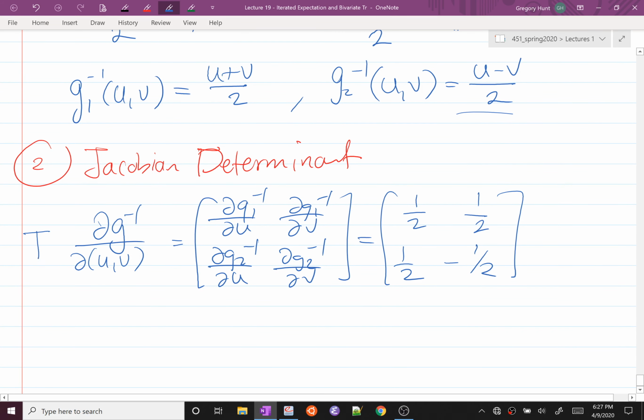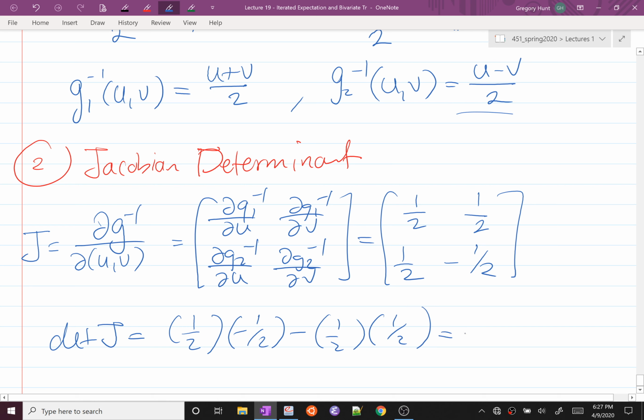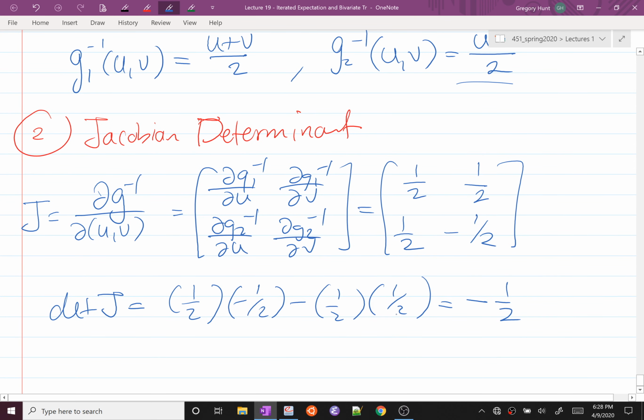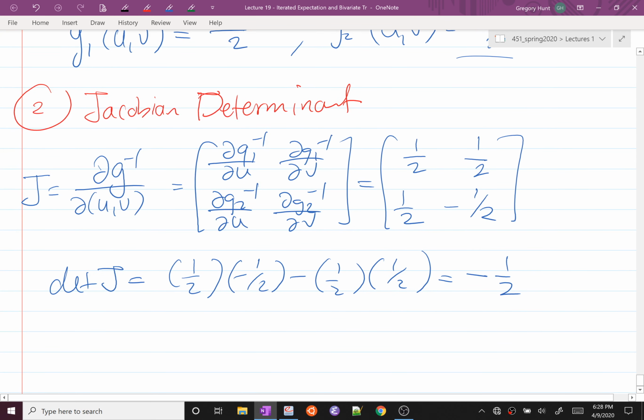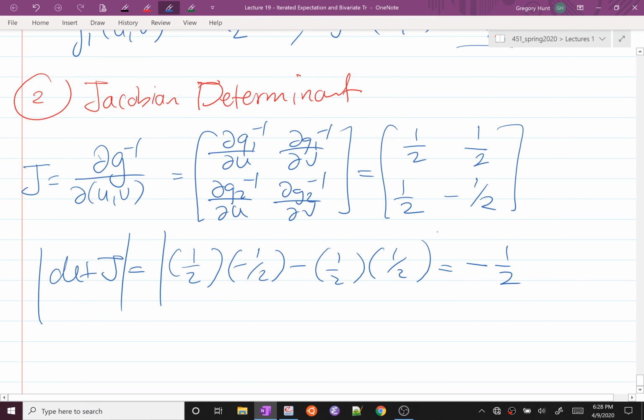And so if this matrix is J, then the determinant of J is 1/2 times negative 1/2 minus 1/2 times 1/2, which is negative 1/4 minus 1/4, which is negative 1/2. The absolute value of the determinant, which we'll use in our formula, is just 1/2.